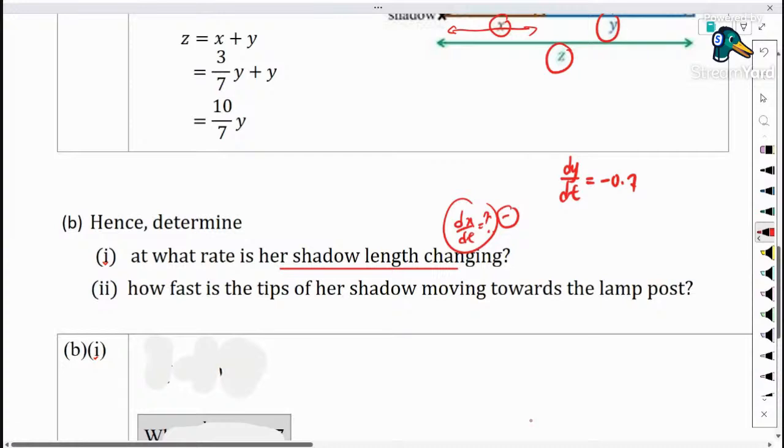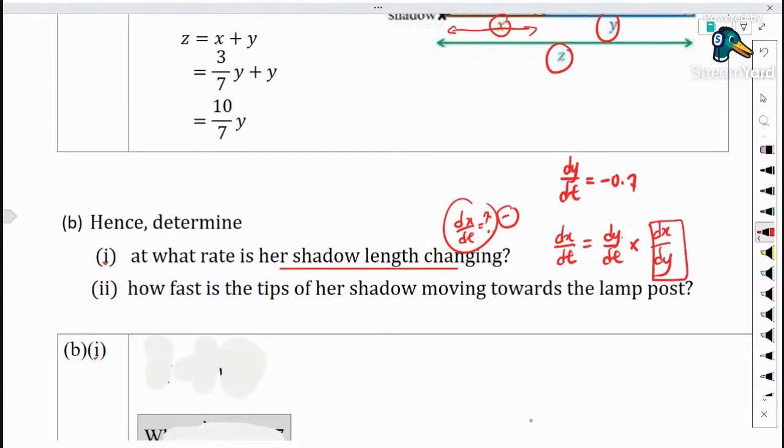According to the usual way, to get dx dt you consider dx dt equals dy dt multiplied by the derivative dx dy. So that by the chain rule, the left and right hand sides are equivalent, and this one must deal with some formula or equation with x and y to get the answer.